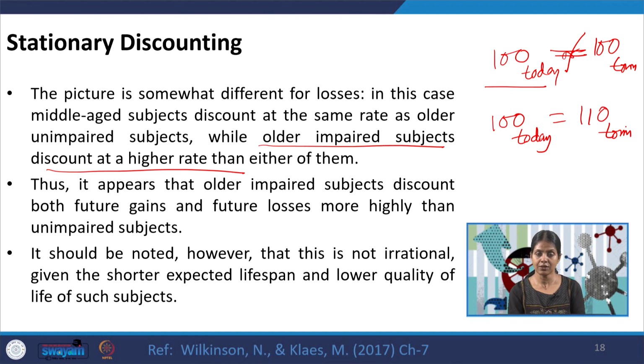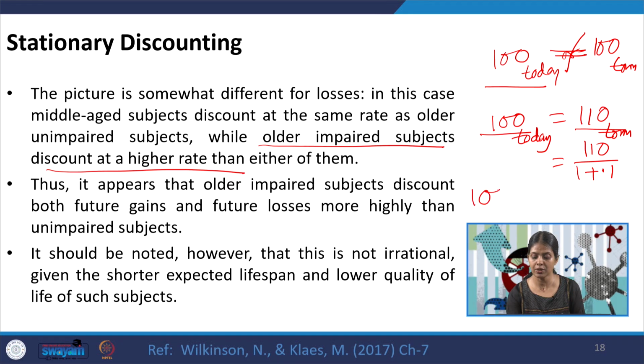So, for that individual 100 today is equivalent to 110 tomorrow, which implies that he is actually having a discount rate of 10%, because 110 divided by 1 plus 0.1 is equal to 100. Now, suppose another individual says that no, I want 100 today, or if you want to delay it, I want 120 tomorrow.